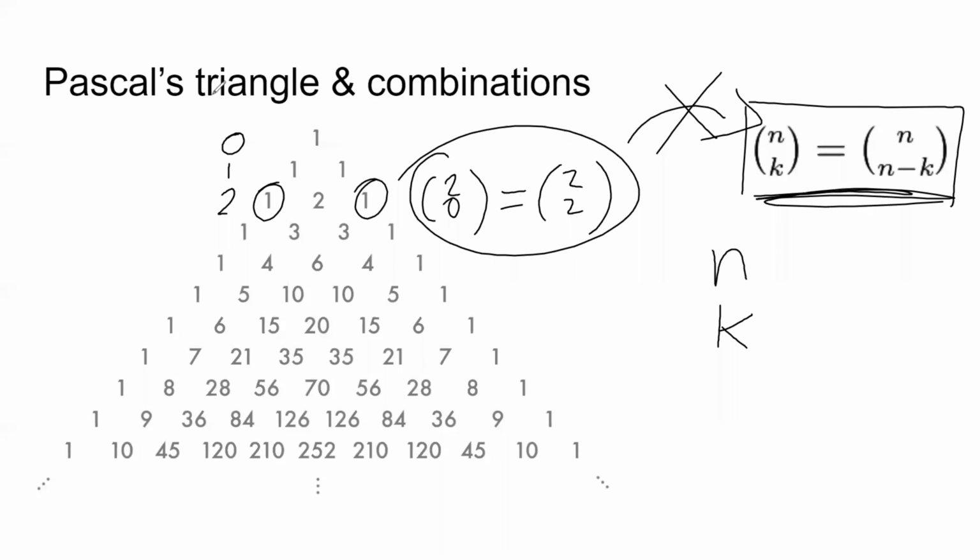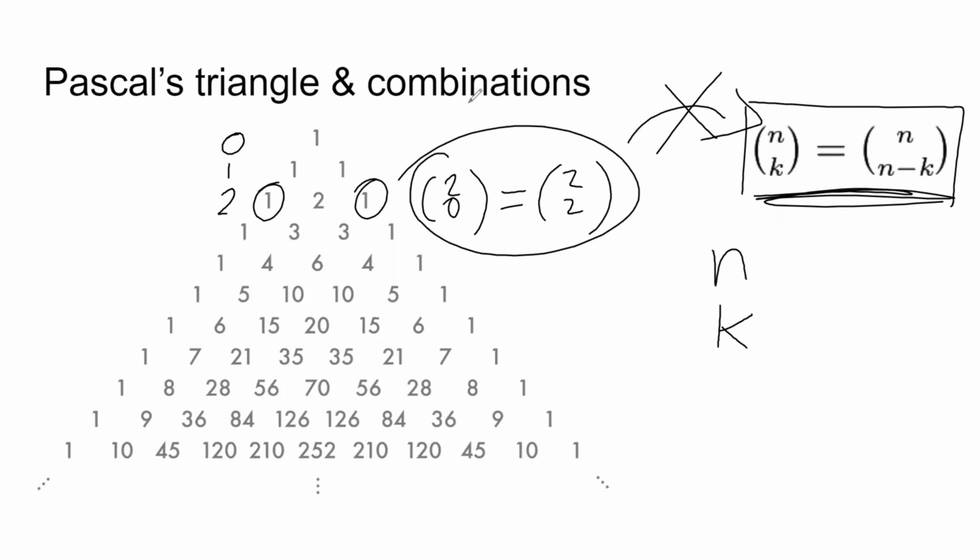Yes, 2 choose 0 equals 2 choose 2 is an example of this, but can you guys prove this in general? Yes, there is a way that you can use the algebraic definition.